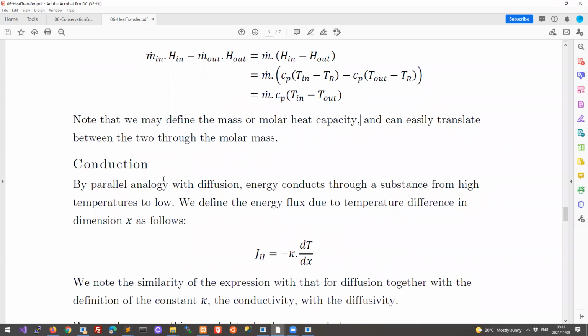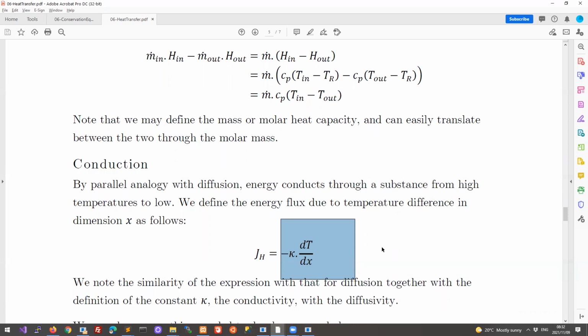Then if we also look at conduction, we have that the flux of energy occurs also due to temperature differences. If you recall in the mass case, diffusion is based on a concentration difference driving force, or chemical potential driving force.